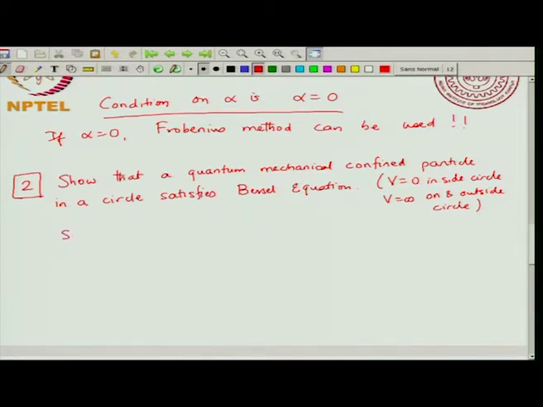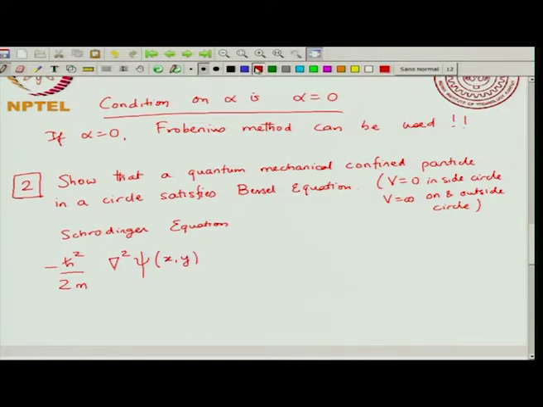So, your Schrodinger equation, okay, now you have minus h bar square by 2 m, now you have a Laplacian. I will just write it as del square psi, and psi is a function of x y.